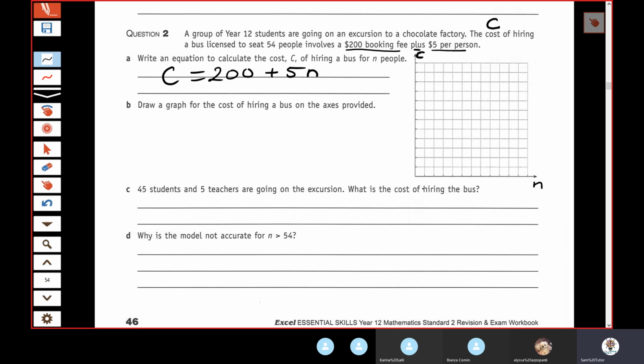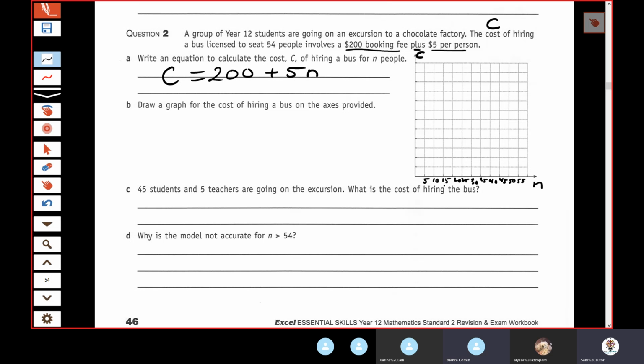Again, you know that n is all the way up to 54. So let's say you're not going to do 1, 2, 3, 4. Let's say we'll do 5, 10, 15, 20, 25. It's going to get really bad.